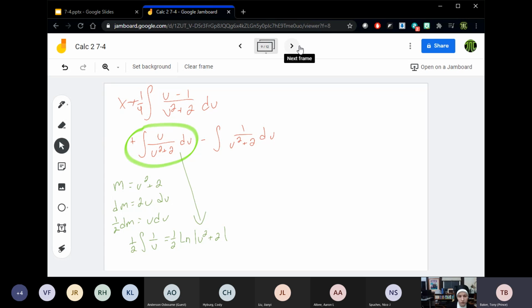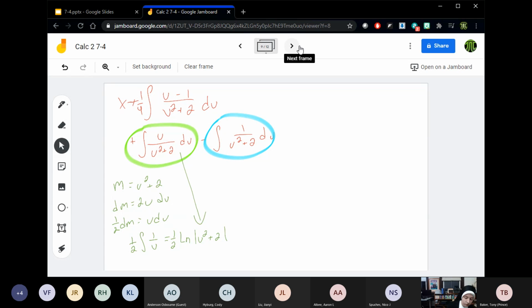All right. The reason why I showed that out is actually more for this one over here. Because if I look at this one now, m was u squared plus 2, which is fine, dm was 2u, and I don't have a u on top. So I can't do this substitution for that problem there. And that's why you needed that other tangent equation to break it out.